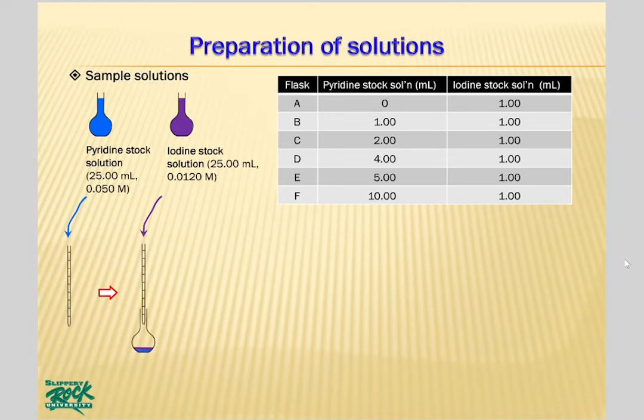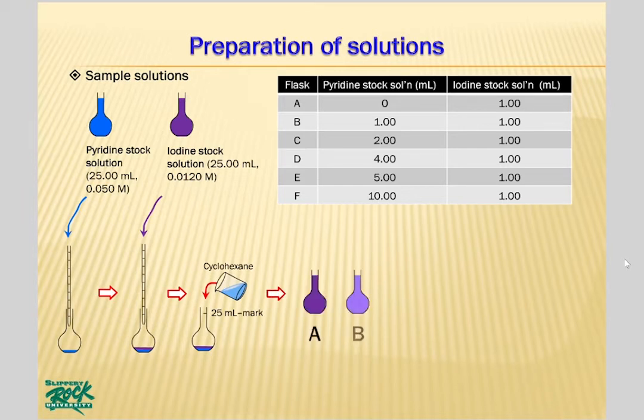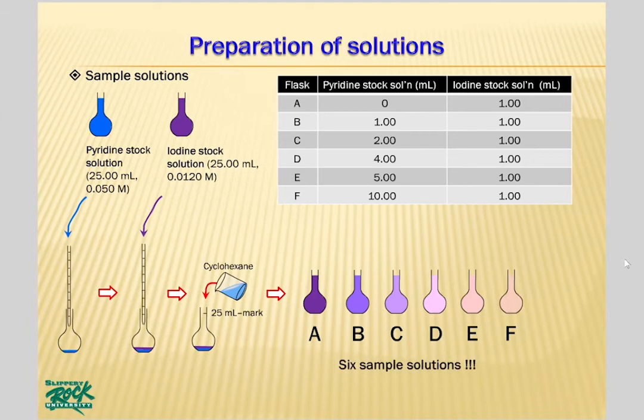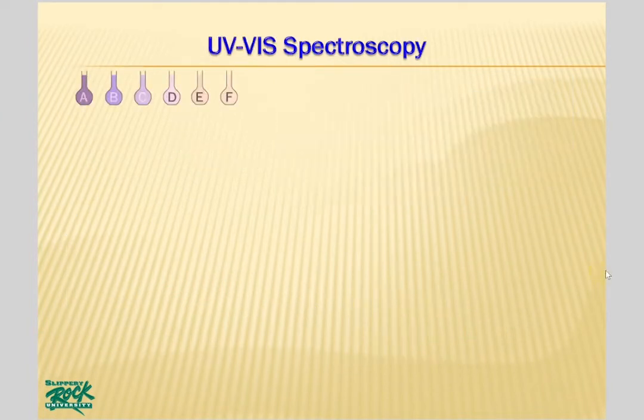After transferring both stock solutions, fill the remaining space of the flask with cyclohexane to the 25 milliliter mark. Follow the stepwise mixing procedure. 6 sample solutions, A, B, C, D, E, and F, should be prepared using the same method. Now, 6 sample solutions are ready to use.